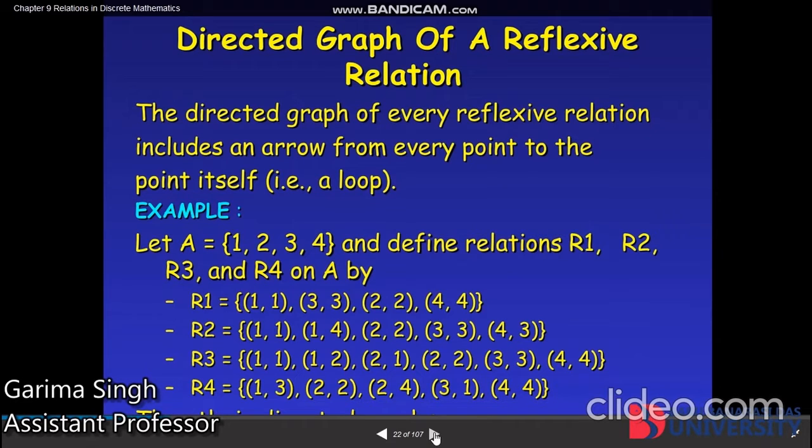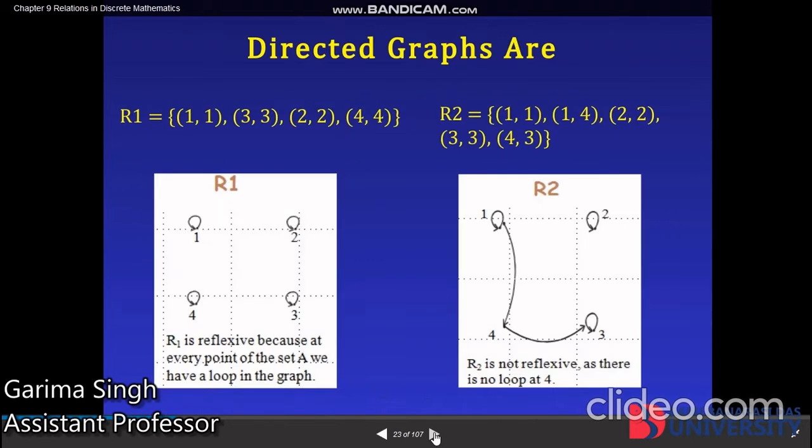Now, the directed graph of a reflexive relation. If given a reflexive relation, how can you draw a graph? The directed graph of every reflexive relation includes an arrow from every point to the point itself, which means it consists of a loop. Loop means a to a, b to b, like this.